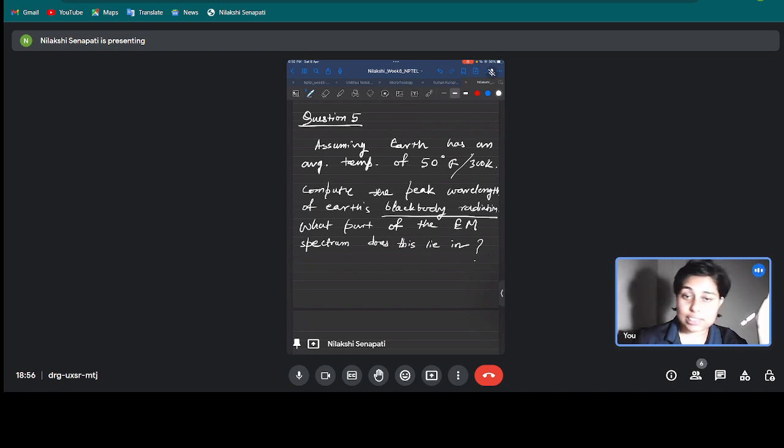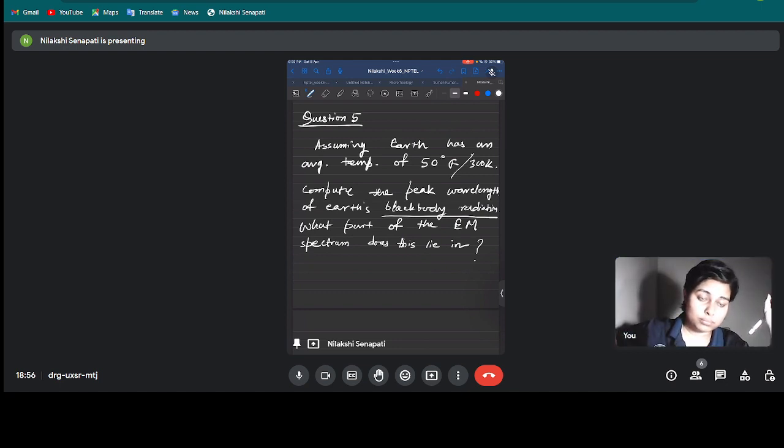Yes, ma'am, here it is talked about that you need to calculate the peak wavelength of Earth's black body radiation, and you have some formula which directly talks about lambda max.